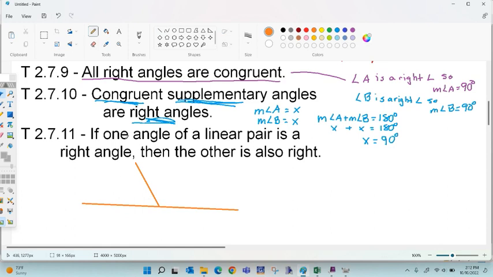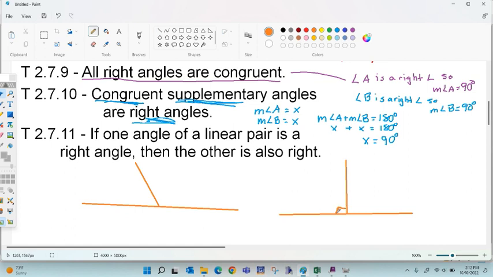Oh, wait a minute though. It says if one angle of the linear pair is a right angle. I have a linear pair, but neither one of them is a right angle. So I need to change my thought. I need to make sure that one angle of my linear pair is a right angle. Okay, there we go.